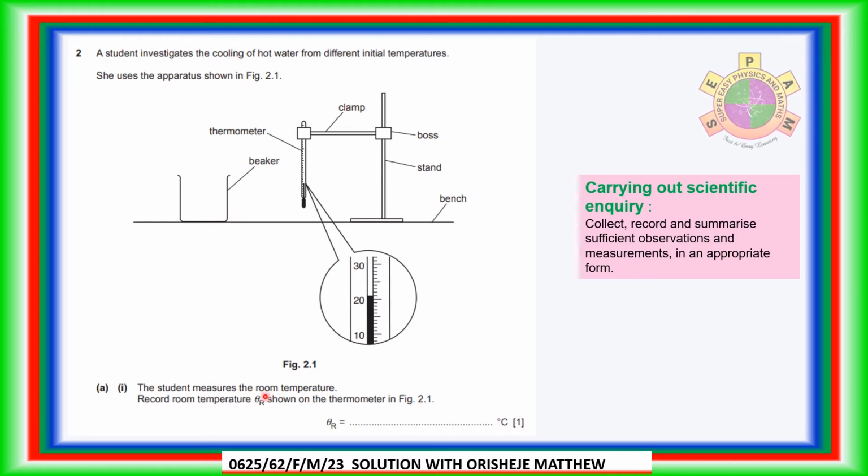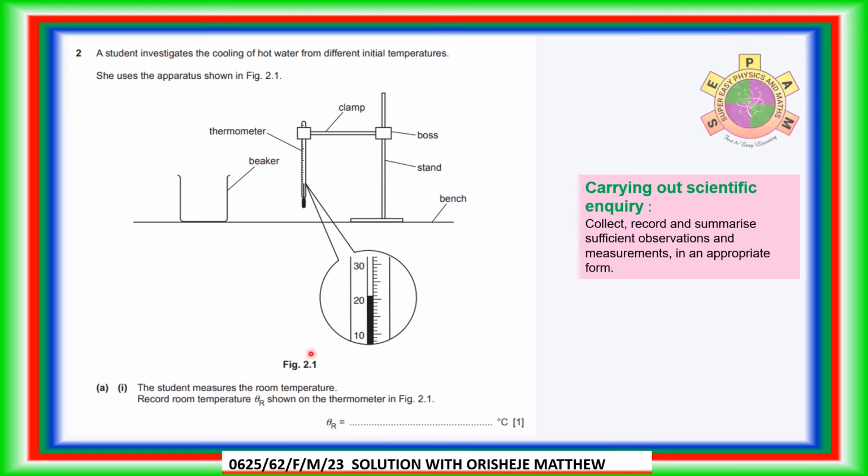So she measures and records the room temperature with the thermometer. This is a question that is going to test carrying out scientific inquiry, so your ability to collect, record and summarize sufficient observation and measurement in appropriate form.